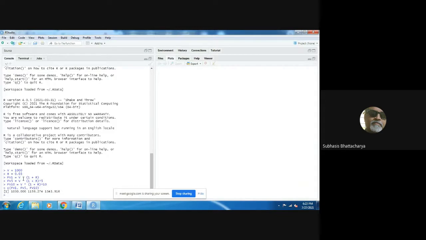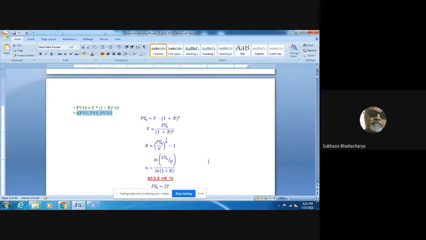These are very easy numerical problems. What is important is this form: FVn is equal to V into 1 plus R to the power n. There are four things: the future value, the initial value, R, and n. Given three variables, the fourth can be easily determined from this equation.